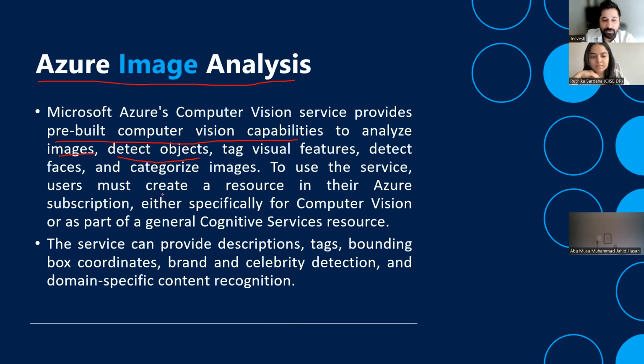To use the service, users must create a resource in their Azure subscription, specifically from computer vision or as a part of a cognitive service resource. I'm going to talk about cognitive service more when we start the practical, but this is something we did yesterday. I created a cognitive service, which is basically nothing but an API to the resources, where we had a computer vision resource. We could send data, we could do the analysis.